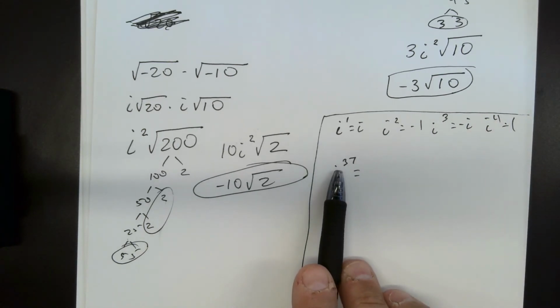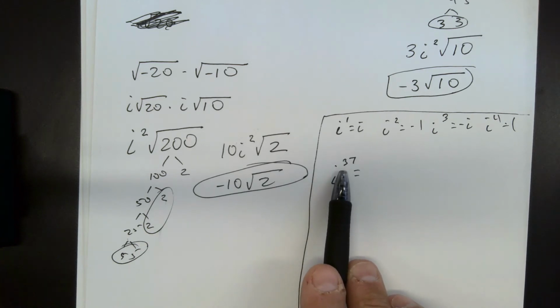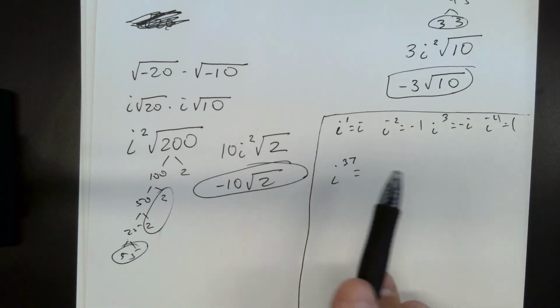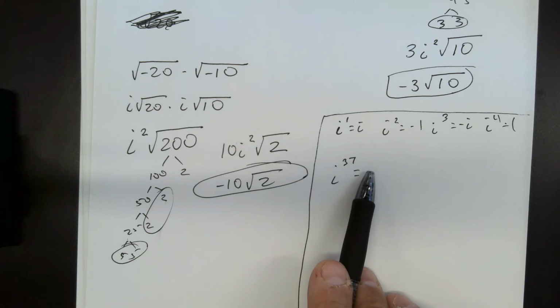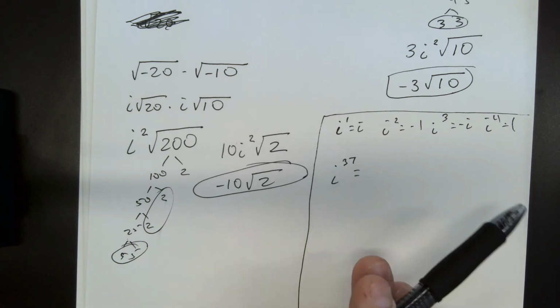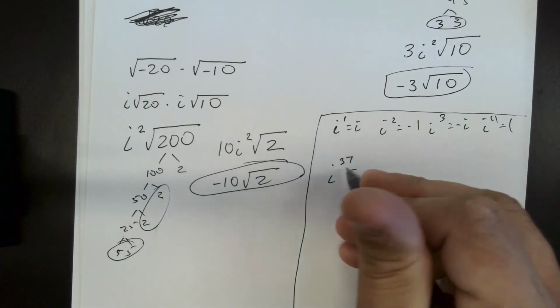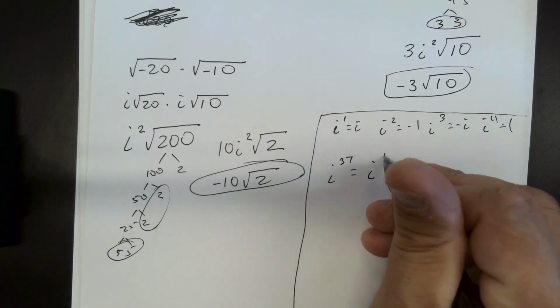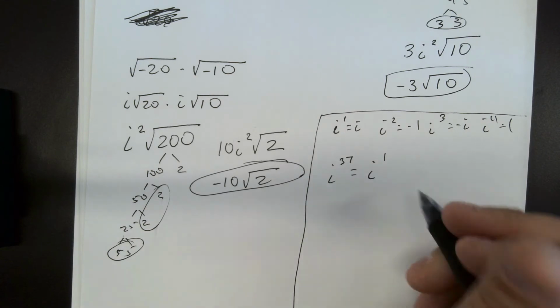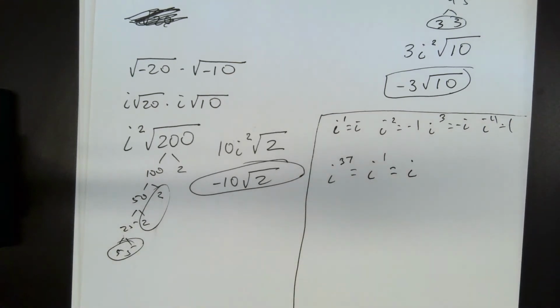Pay attention: 4 goes into 36, and 37 subtract 36 is 1. So technically it has a remainder of 1. That means I to the 37th is the exact same thing as I to the 1, which is just I. Whatever your remainder is, that's the power.